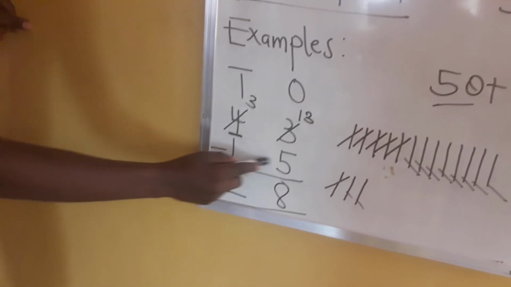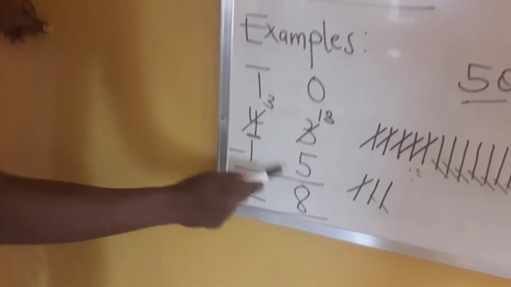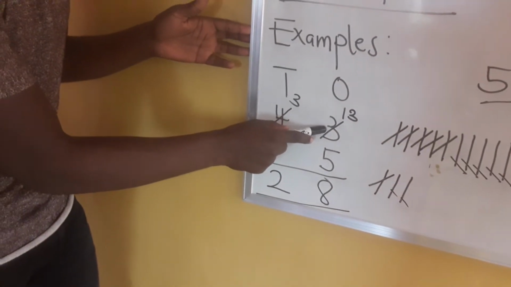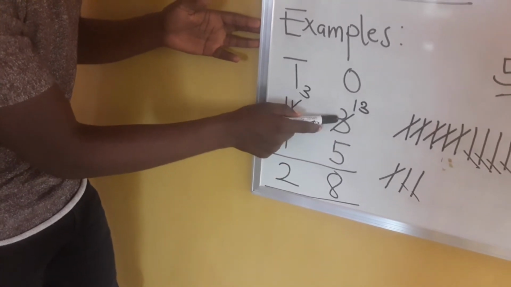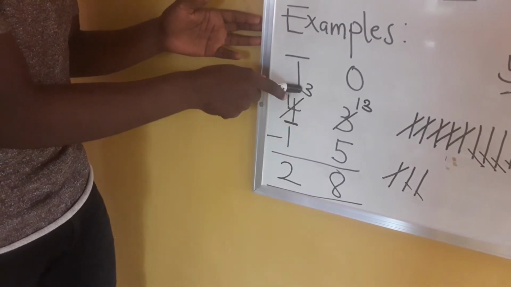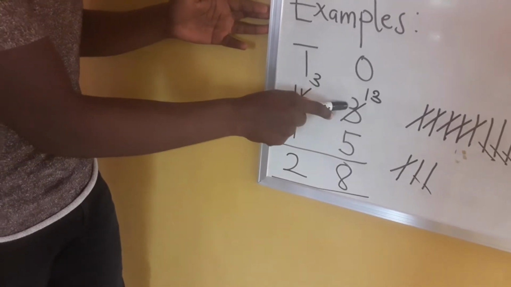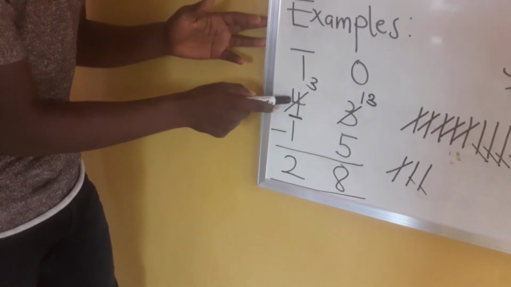So 43 minus 15 is equal to 28. Again, we had 43 and we couldn't subtract the 5 from the 3, so we had to borrow. We borrowed 1 from here and added it to this 3, which gave us 13.